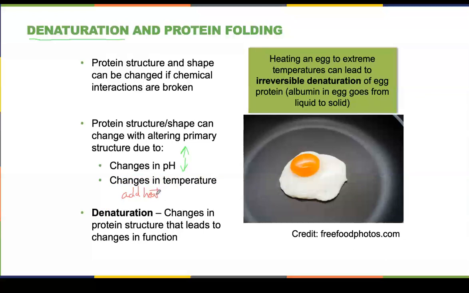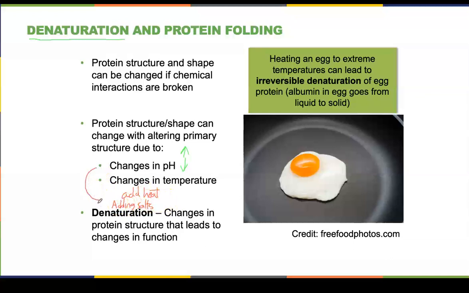We can also break the bonds that are holding together tertiary and quaternary structure. And that then can cause the protein to not function. A third way we can change protein structure is by adding salts. And this will have a similar effect to changing pH.